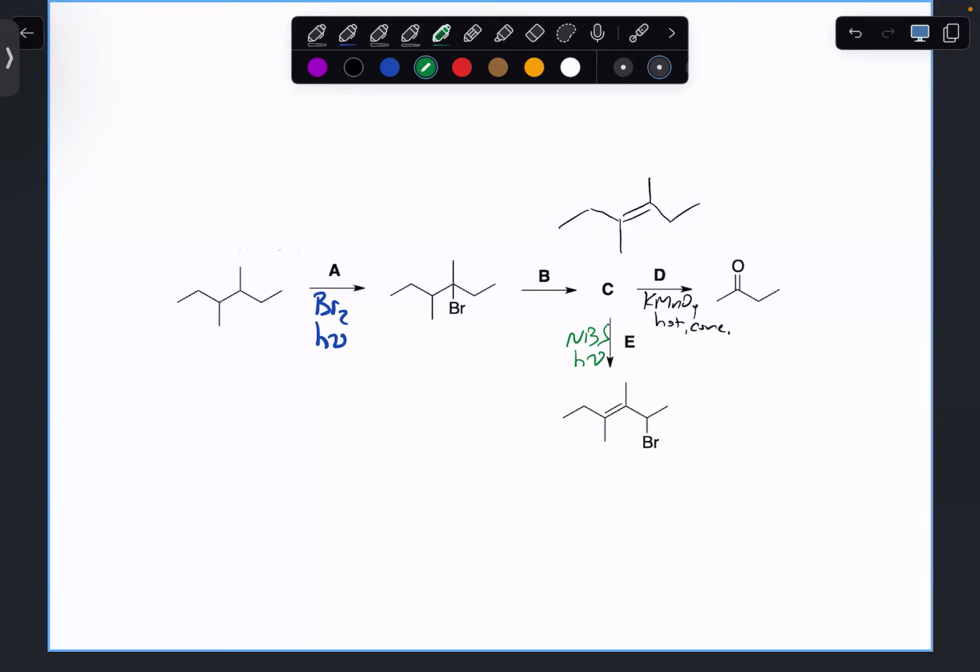So do you want to use a regular base or a bulky base? Yeah, we were trying to get the Zaitsev product here, so we're going to use a regular base. You could use something like methoxide maybe.